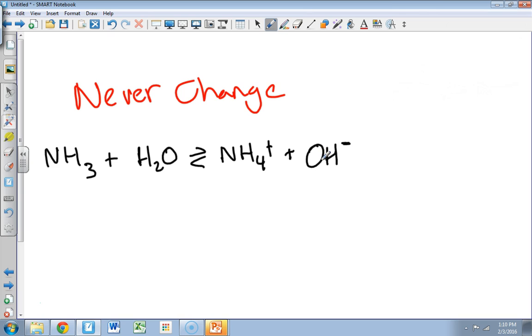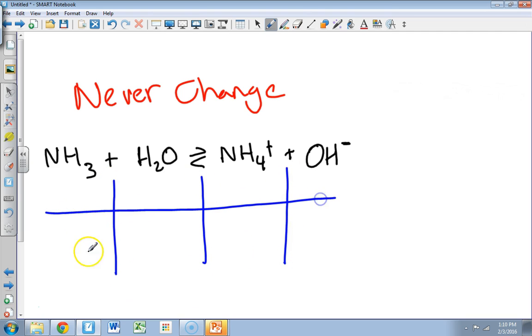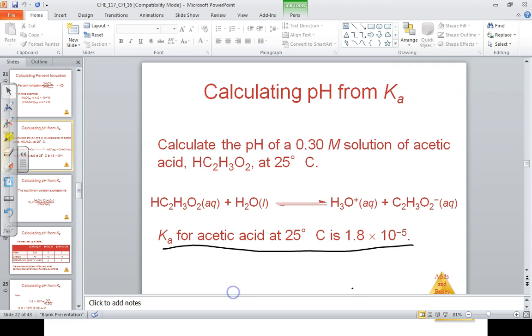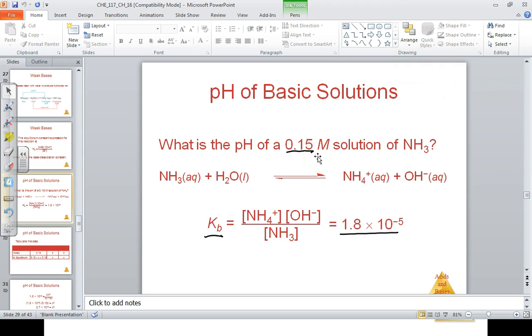Okay. Now, we were given that the initial concentration of ammonia was 0.15. Let me just double check that that's right. Okay, so go here. Let's see. Yep, 0.15 molar.